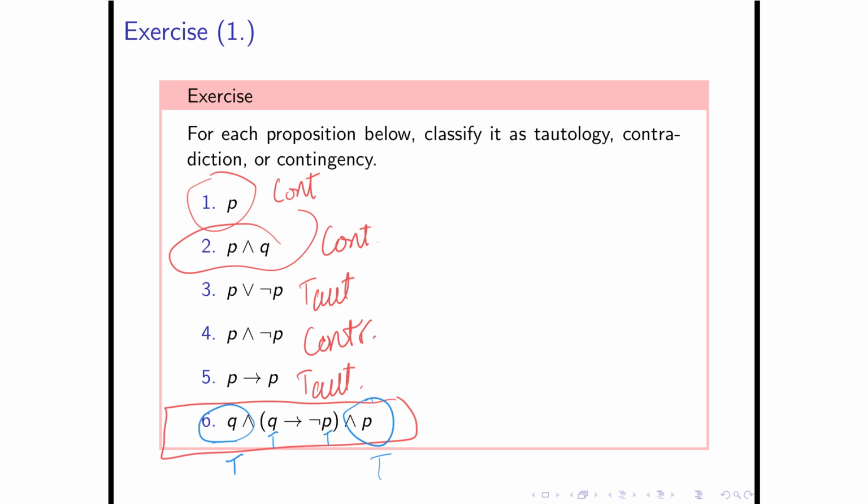So Q, we can label as true everywhere that it occurs, likewise for P. We then are forced to compute this negation as having the value false. And now this conditional has true in the antecedent, false in the consequent, and evaluates to false. This means that the entire proposition has evaluated to false.